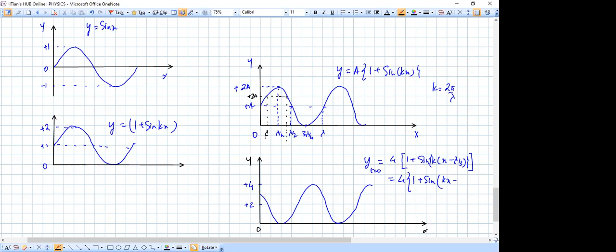Okay. So this point here will become lambda minus lambda by 12. So it will become 11 lambda by 12.